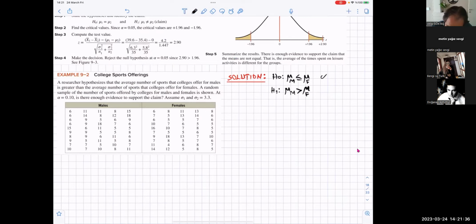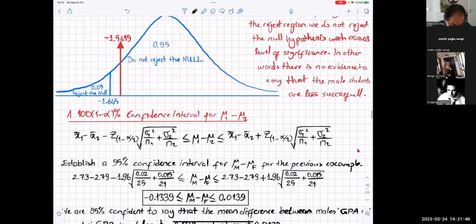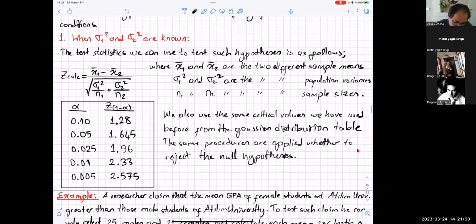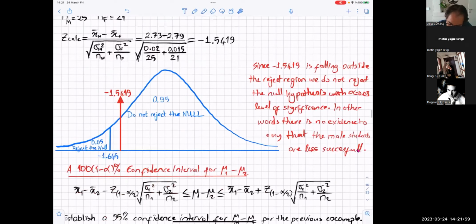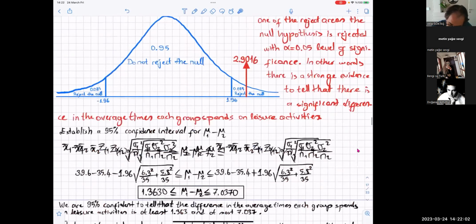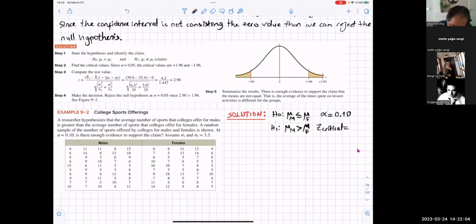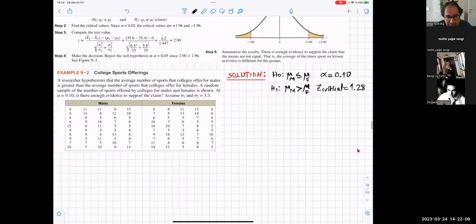The alpha level of significance is 0.10. The critical value you can find from the table I presented. Since this is a right-tailed test, the critical value is 1.28.